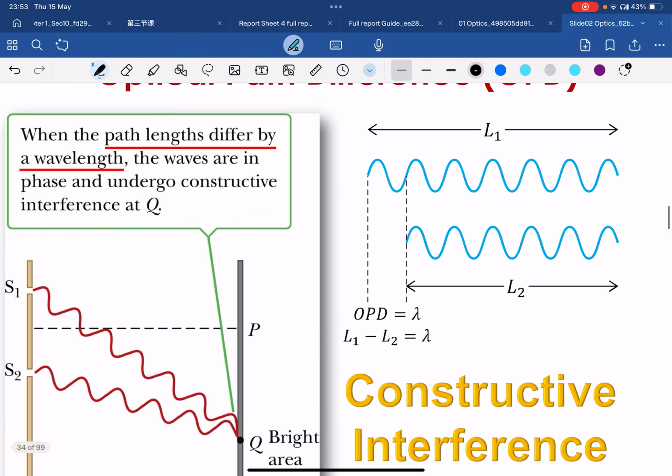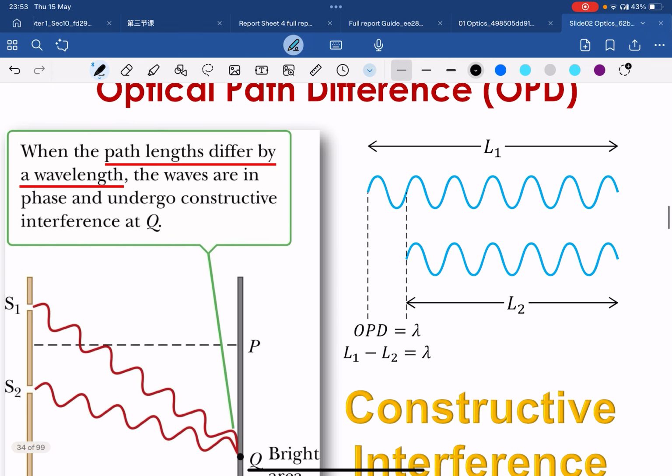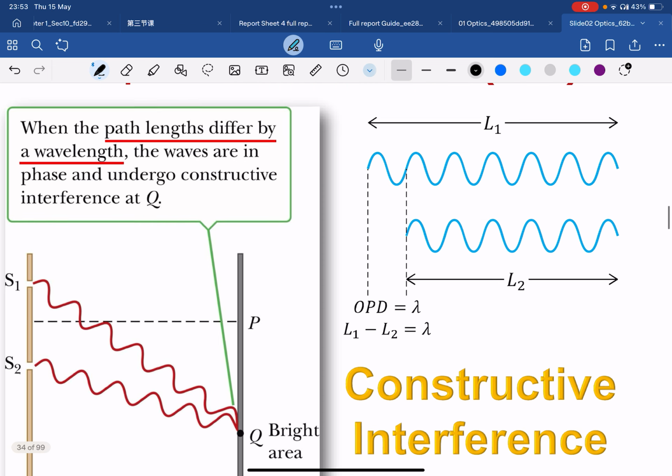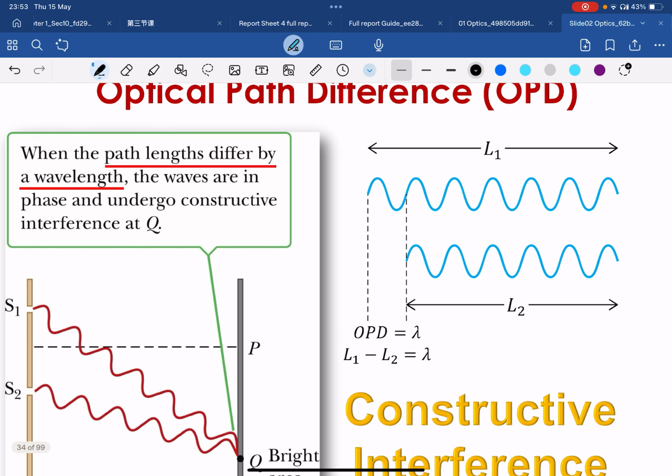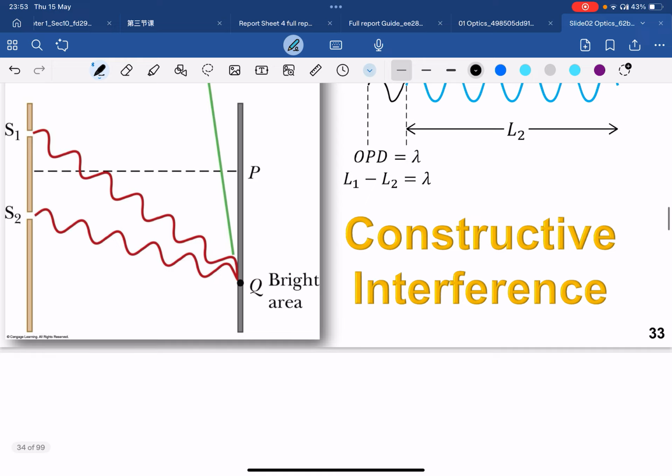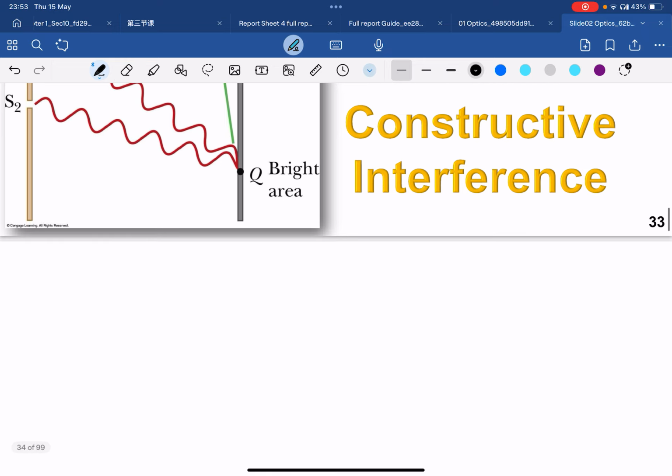And so here you can see when the path is one whole wavelength. This is, you see over here, another wavelength. But essentially, say for example, they meet up at this point, and the source is from here and from here, and then they meet up over here.